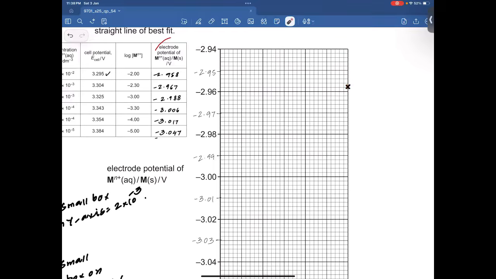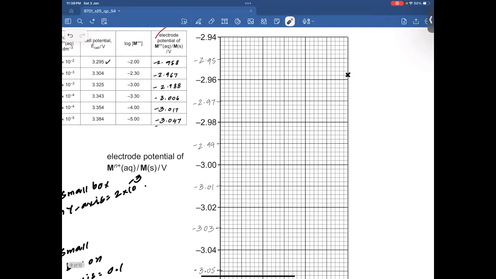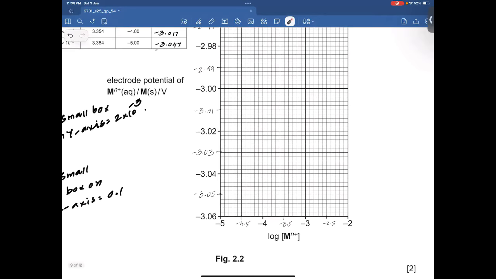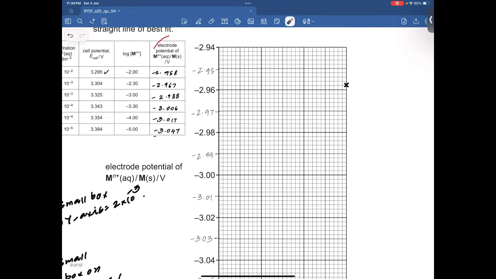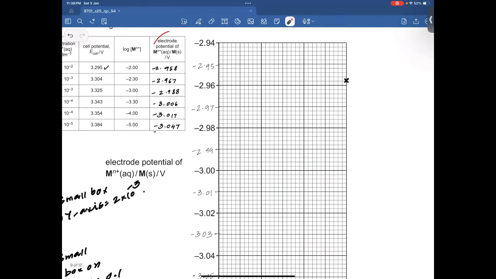Second, minus 2.3, minus 2.3. 2.1, 2.2, 2.3. That's 2.3. Okay. From the left, the third line, minus 2.3. 1, 2, 3. This is 2.3, 2.96, 2.967, 2, 4, 6, and this one is 7.